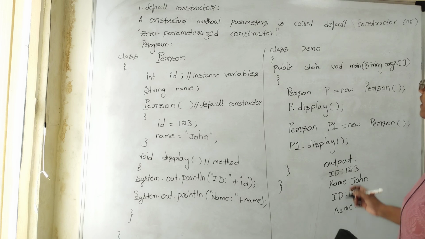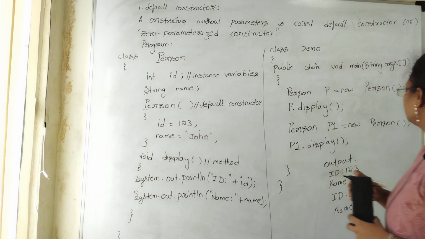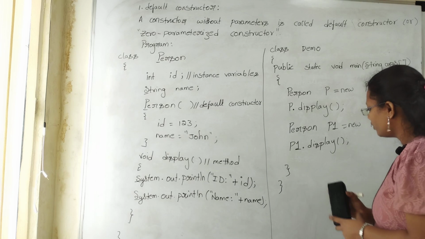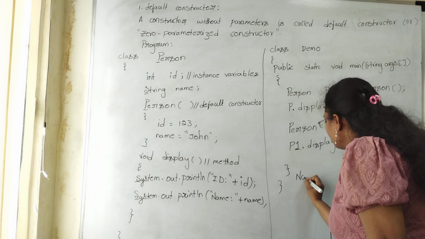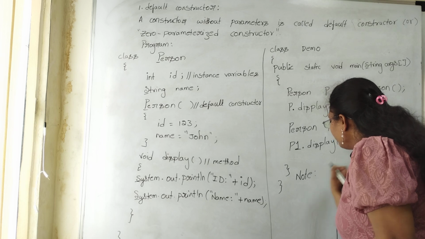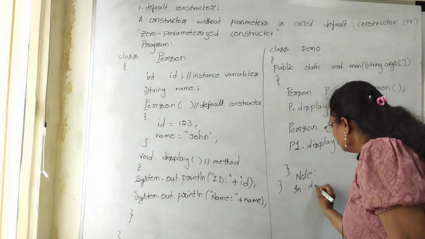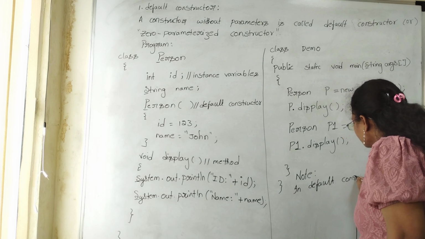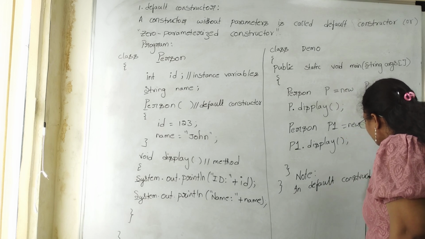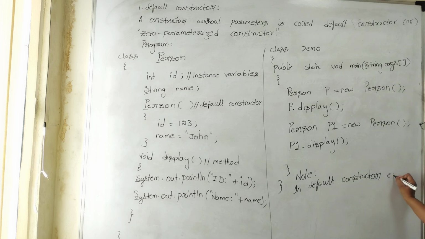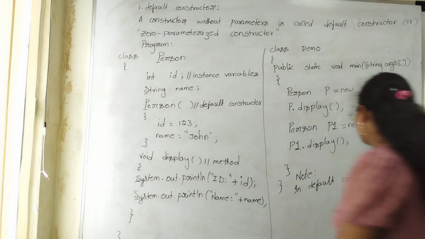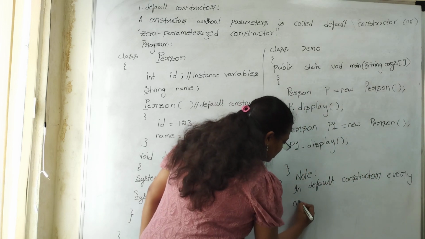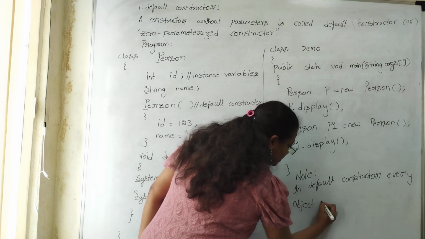So see here guys, I am writing one note point. It is very, very important. In default constructor, every object is initialized with the same data.